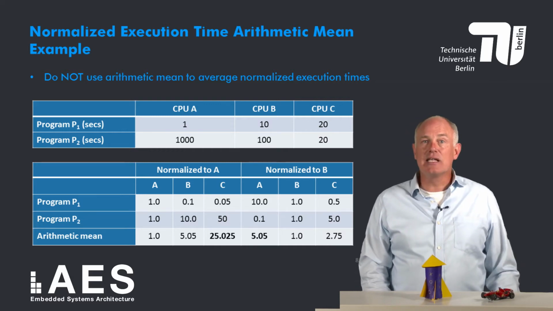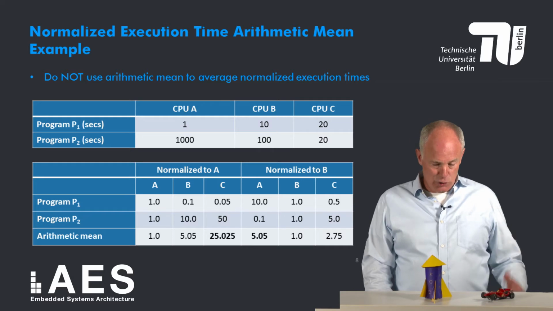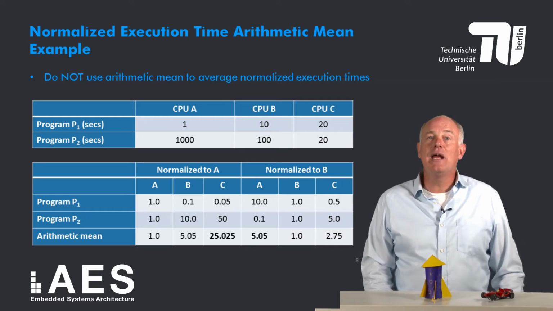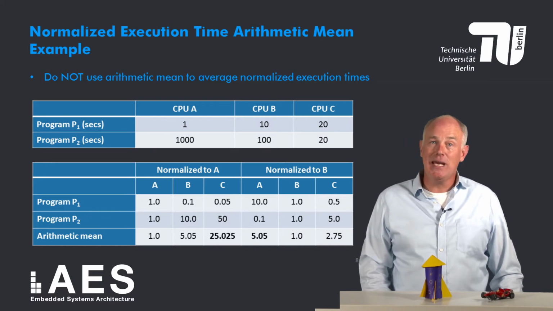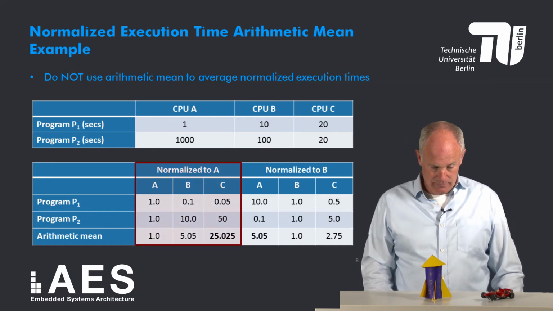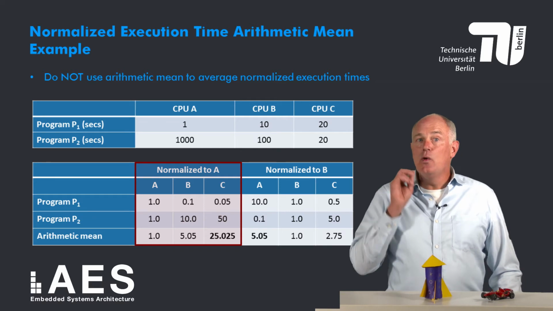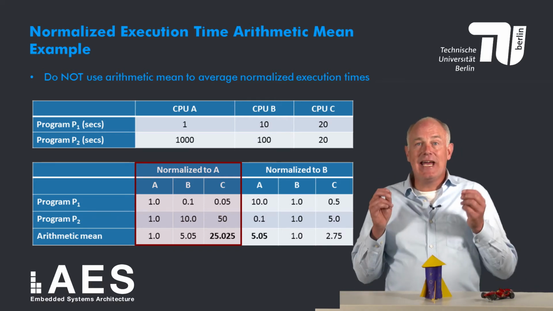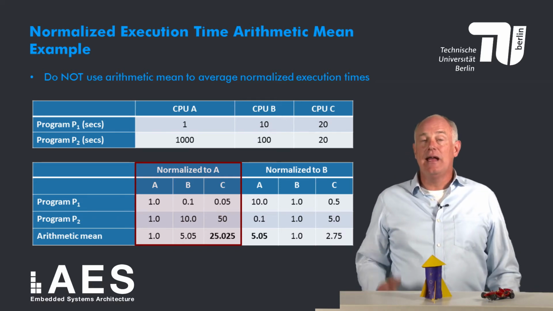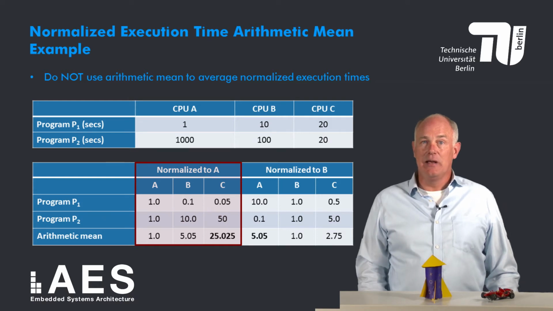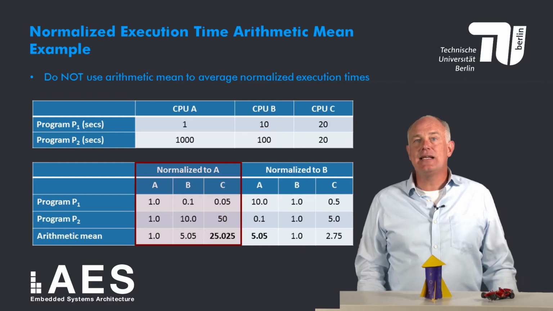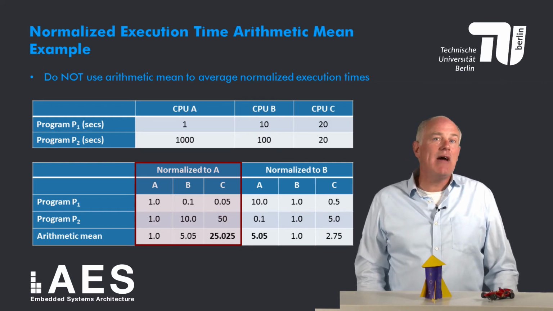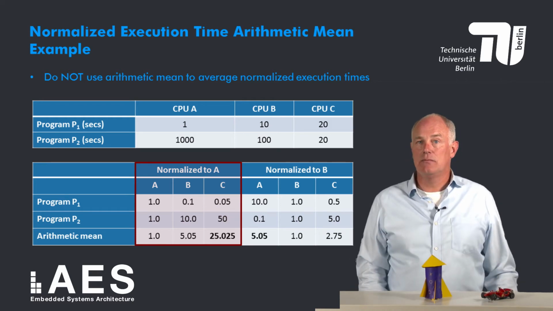Again, here's our example from before. Two programs, P1 and P2, that are executed on three CPUs, A, B, and C. If we now normalize to A, so take A as our reference computer and calculate the arithmetic mean, we get these results. C is the fastest because its arithmetic average is the largest.